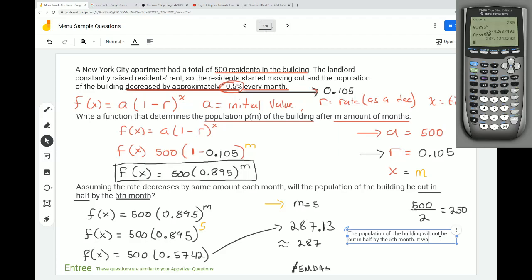It will have approximately 287 people, which is more than 250 people, which is half of the population. And again, make sure you're showing your work, make sure you're explaining your work, and that's how you get full credit.